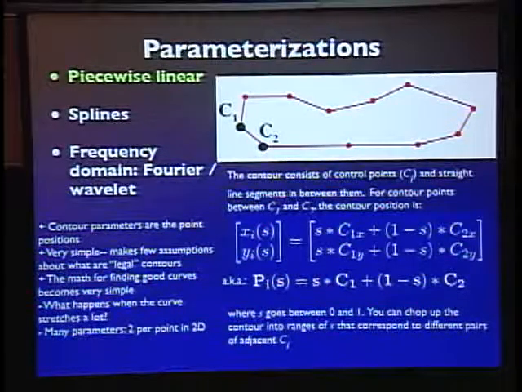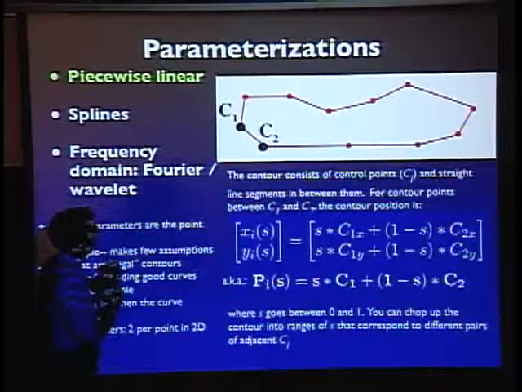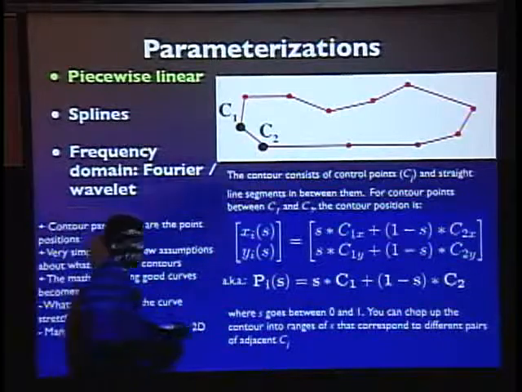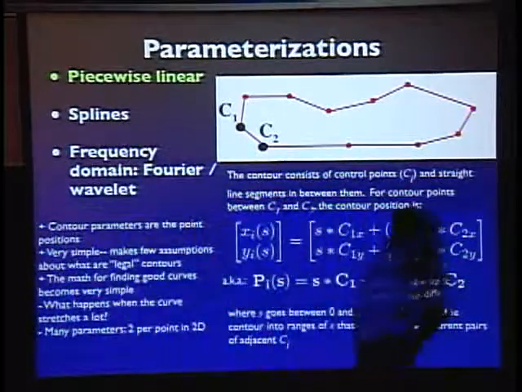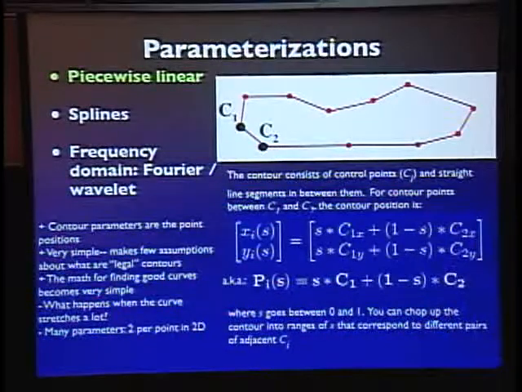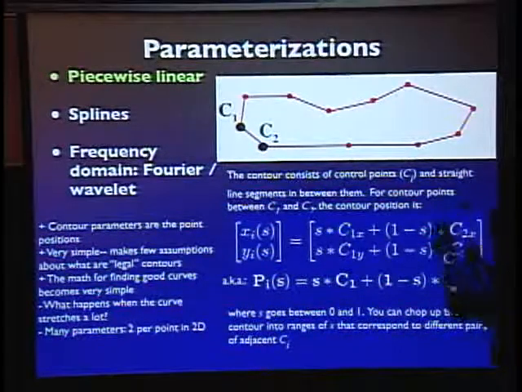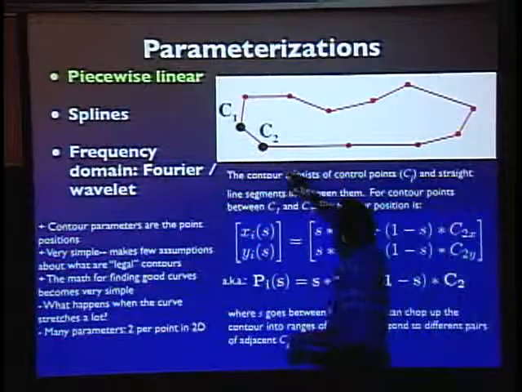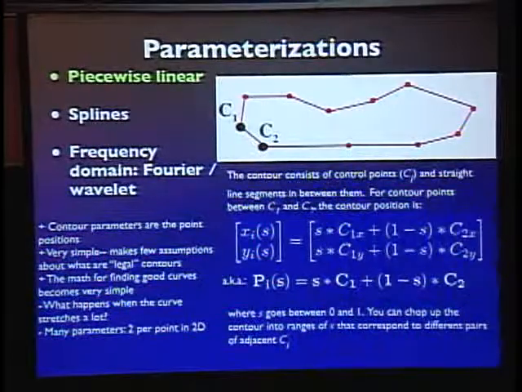All right, so parameterizations. I will talk about 3 different ones. The simplest one is called a piecewise linear parameterization, where you have a set of points that you have identified, or that are initial starting points for your deformable contour. I call those capital C, so C1, C2, C3, C4, and so on.